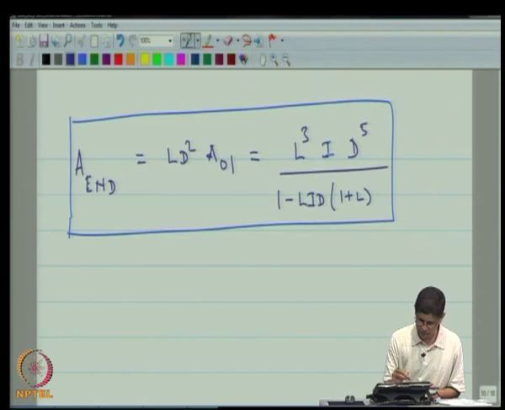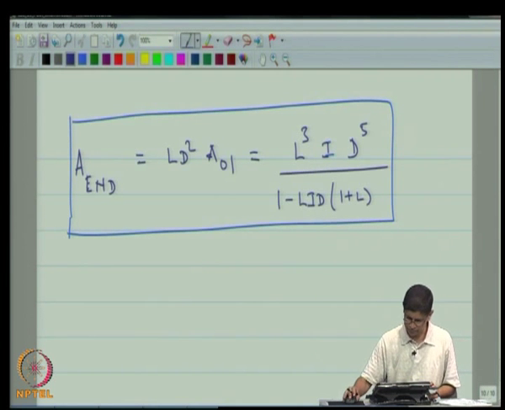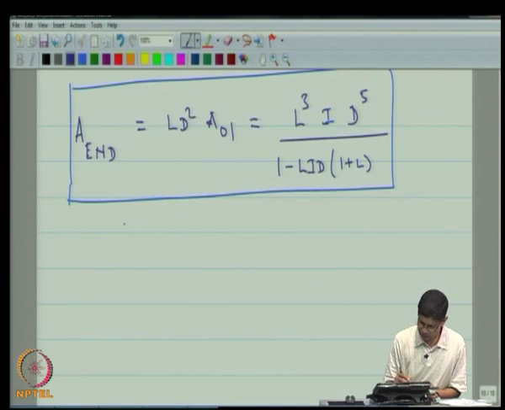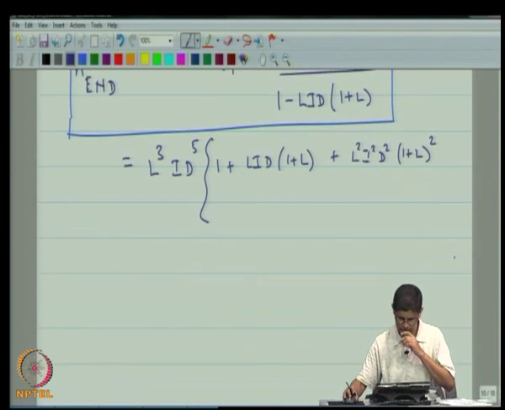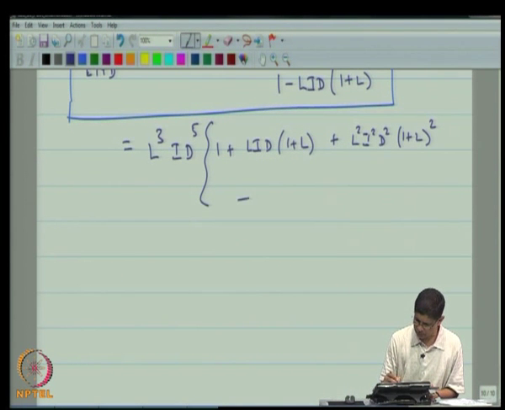So, this is equal to L cubed I d to the 5 into 1 plus L I d into 1 plus L plus L squared I squared d squared into 1 plus L the whole squared, and so on.